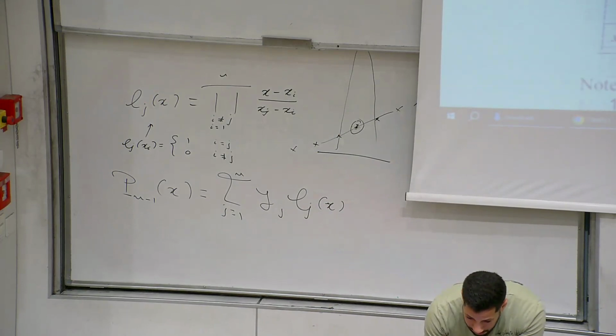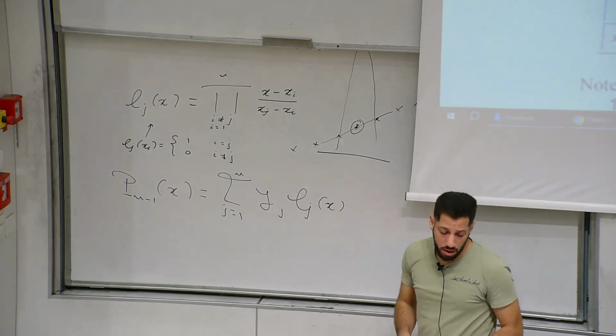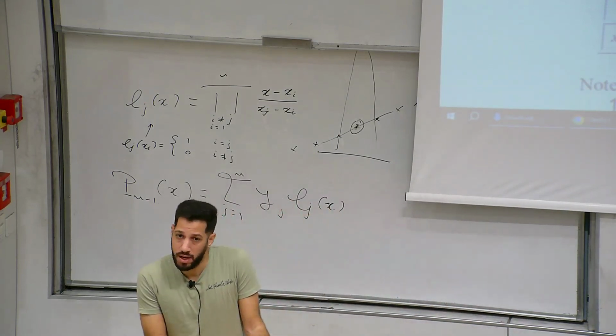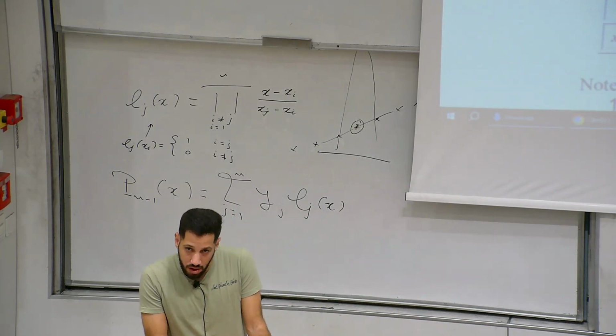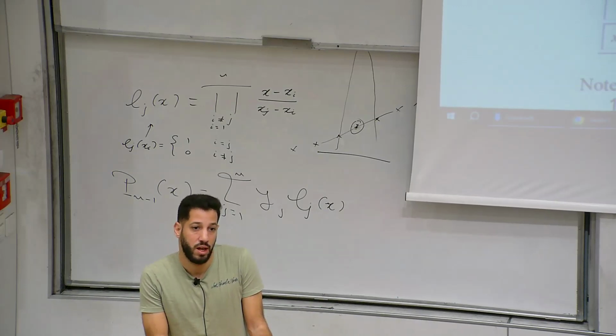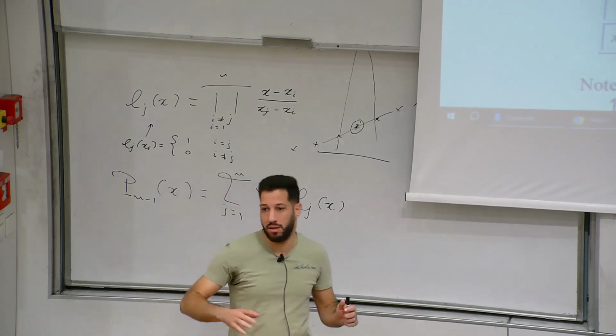And here is an example. Again, in interpolation, I'm asking about a specific point. If you are asking about another specific point, maybe I will prefer other data.